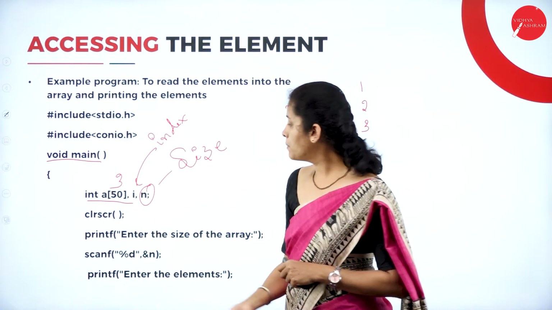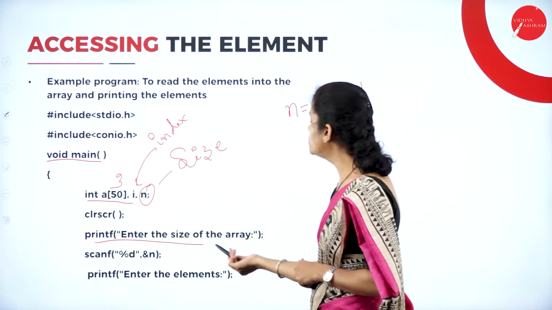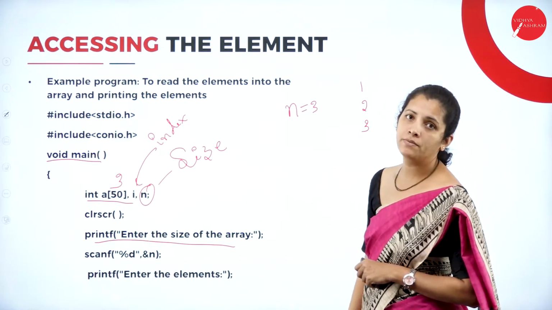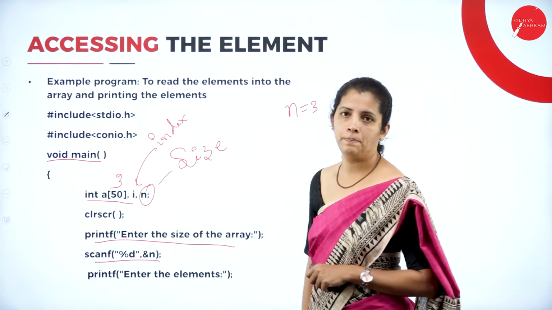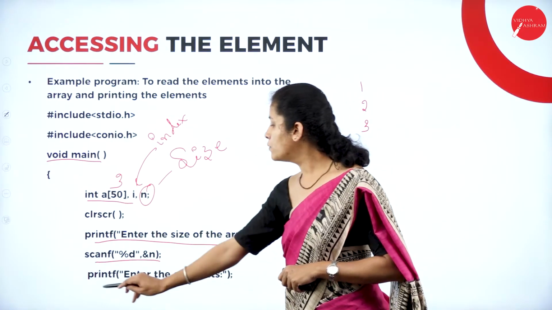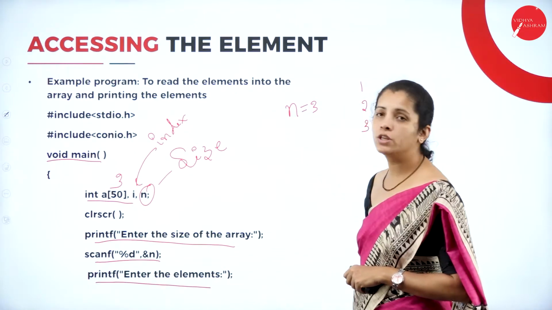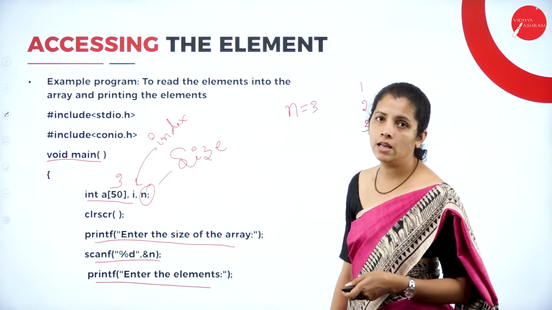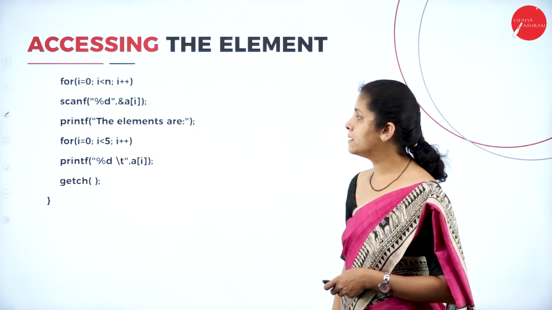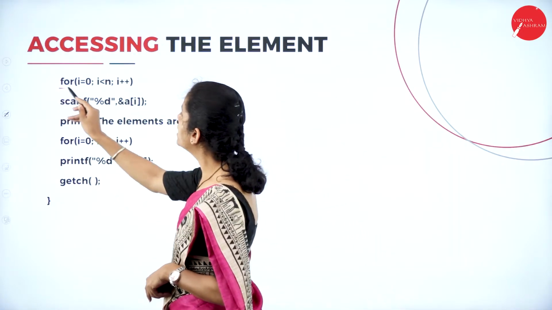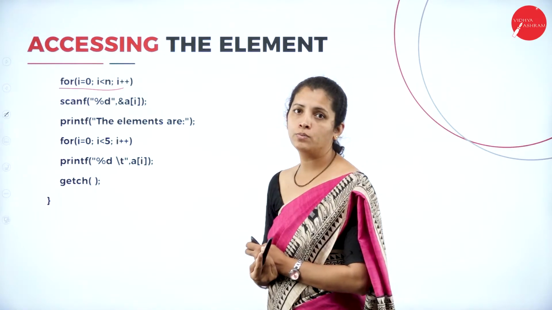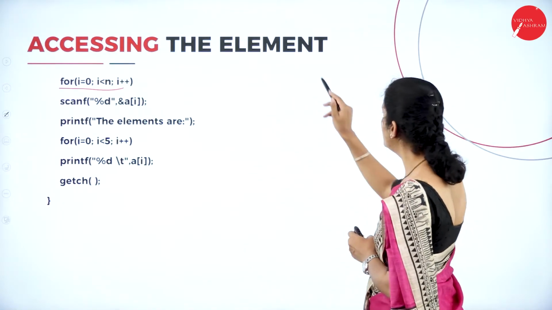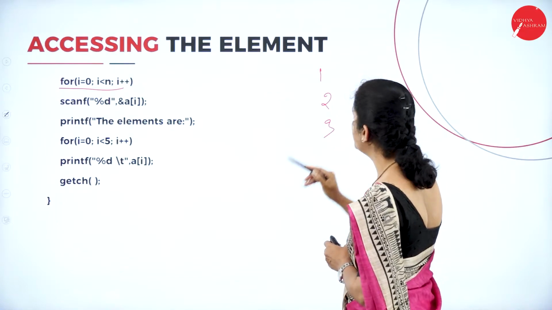Now, I'm going to give the message to the user to specify the size of the array. So, I'm going to read array. After that, I'm going to specify the message to the user to enter the elements one by one. See here, to read the element, I'm going to use for loop because here I want to read 1, 2 and 3.